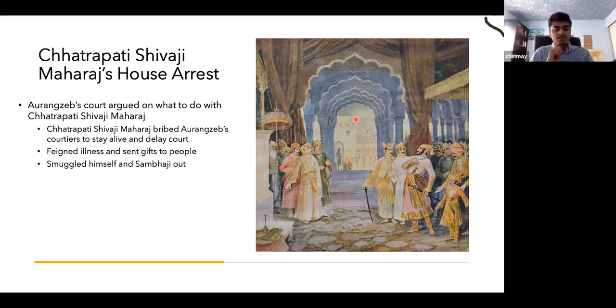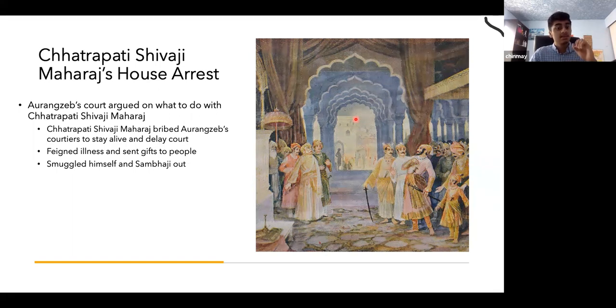So after a while, Shivaji feigned illness. He faked being super sick, saying I can't see anyone, I am incredibly ill. And so that people would pray for his well-being, he started sending gifts out to people, to Hindu rishis, Hindu saints, fakirs, to the normal people.